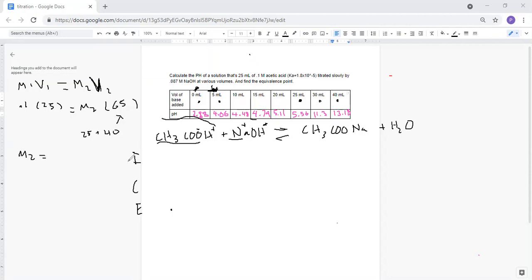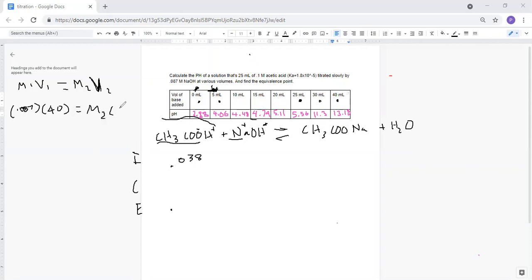0.038 for acetic acid. Now our NaOH is also diluted. It starts at 0.087 molarity, and its starting volume was 40 before acid is added.